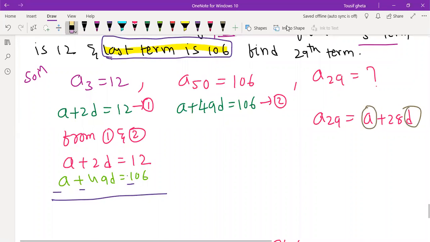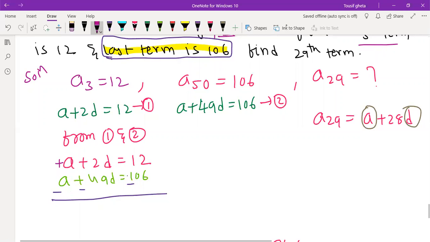So here this is plus A and this is minus A, correct?